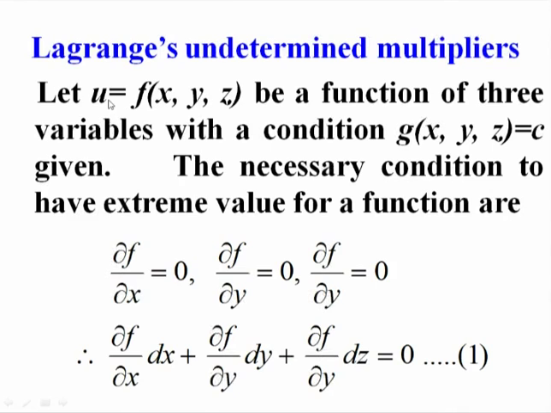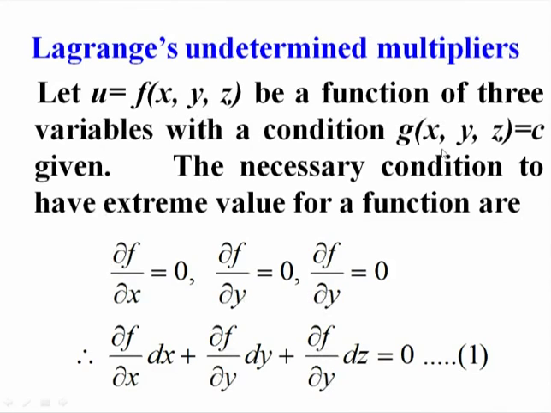So here del u by del x or del f by del x is equal to 0, del f by del y is equal to 0, and del f by del z is equal to 0. So clearly we can say that del f by del x into dx plus del f by del y into dy plus del f by del z into dz is equal to 0. We denote this equation as equation number 1.